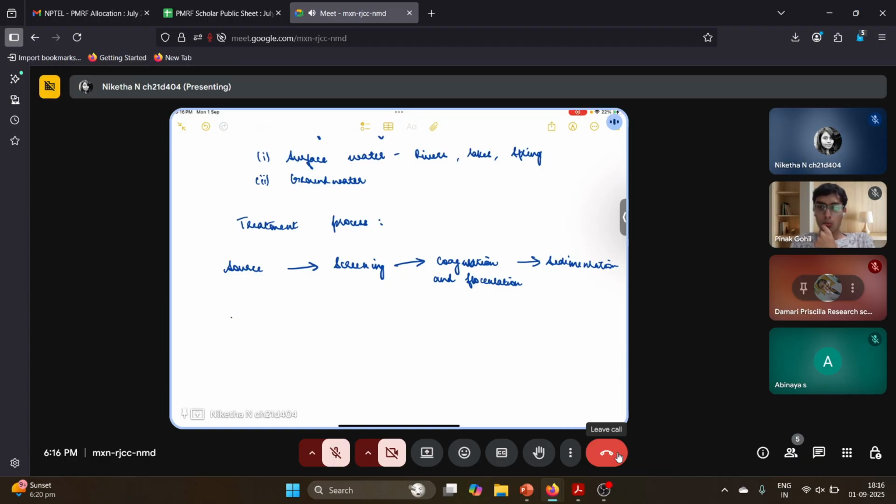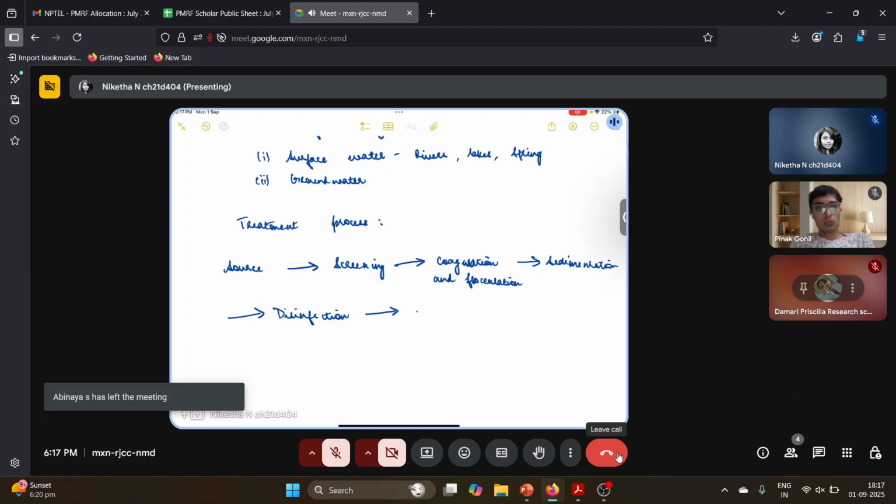After sedimentation, we do disinfection. And once the water is completely disinfected, we can store it, or we can directly distribute the water.